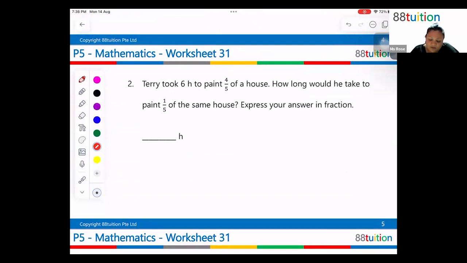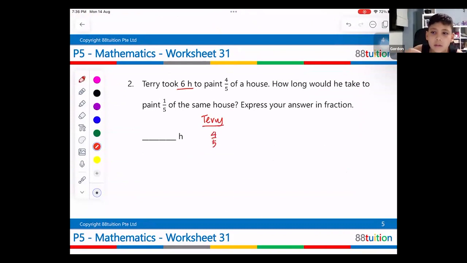Now, if you look at this, remember, in this case you have hours, so it's based on 1 hour. What does it mean? It means that Terry can paint 4/5 of a house in 6 hours.